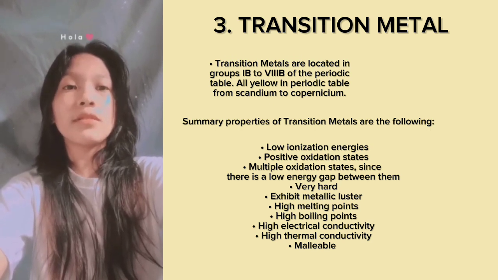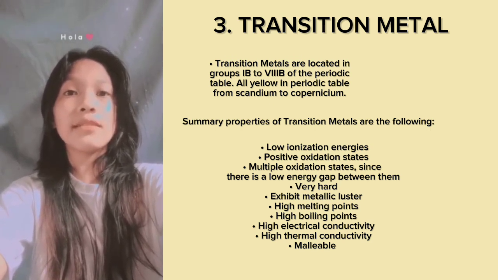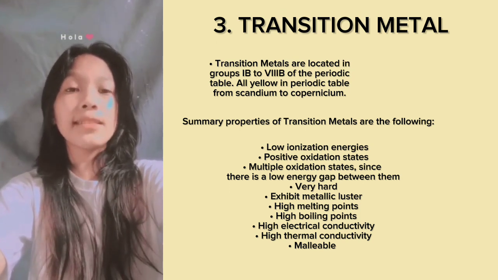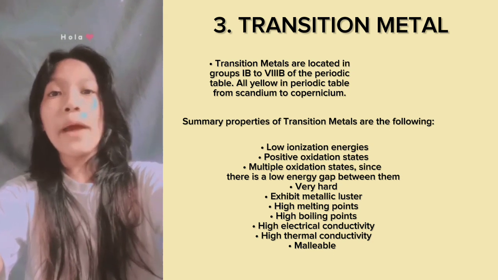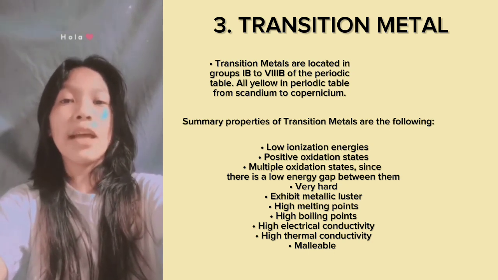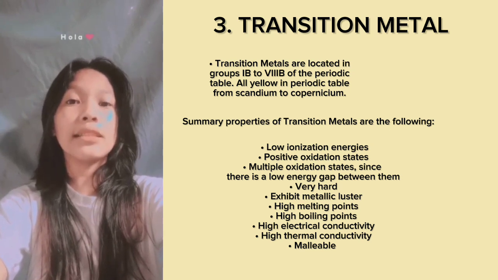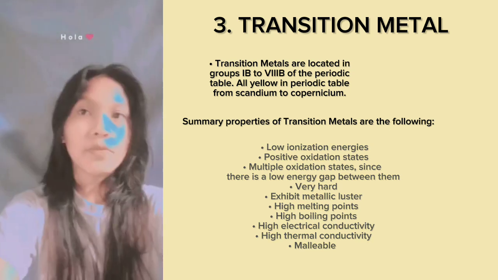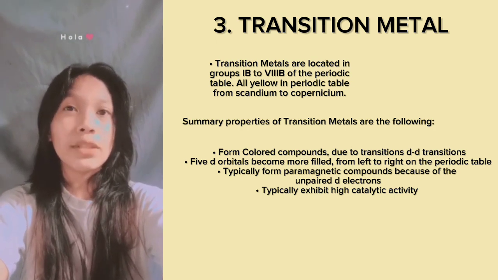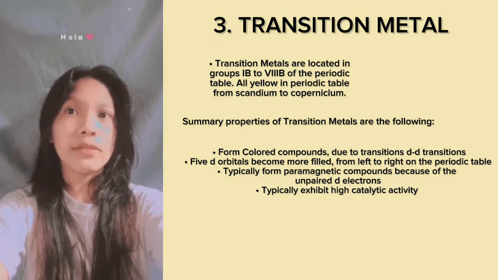Multiple oxidation states since there is a low energy gap between them. Very hard, exhibit metallic luster, high melting points, high boiling points, high electrical conductivity, high thermal conductivity, malleable. Form colored compounds due to d-d electronic transitions.